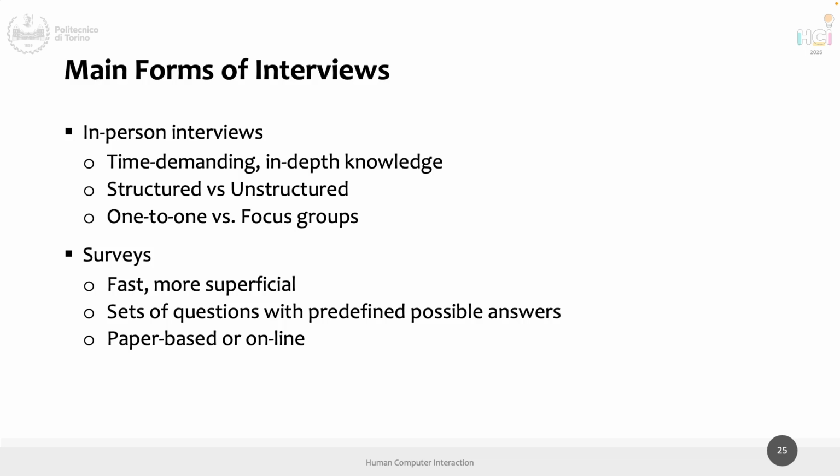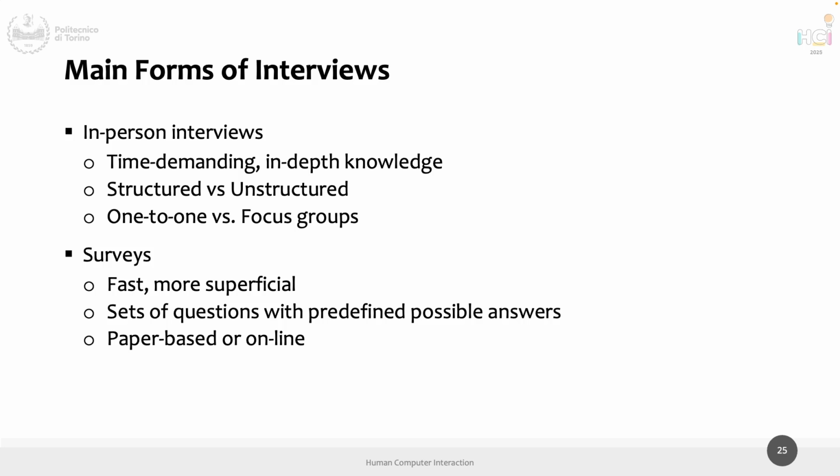On the other side, unstructured interviews are the ones where I prepare 0 questions and I just go with the mood, or maybe just prepare one initial prompt, an initial sentence, and then I will go as the conversation moves. That's fully unstructured.